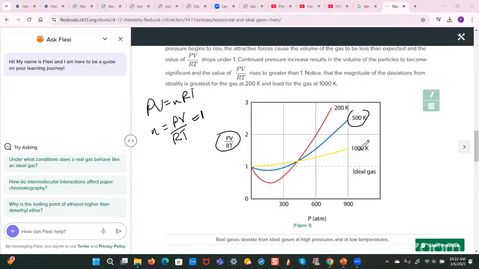If you continue to increase the temperature, eventually you're going to get a straight line like this, which would suggest that the gas is behaving ideally. This is not exactly the graph I was looking for, but it illustrates the difference between ideal and real gases, graphically speaking, all right?